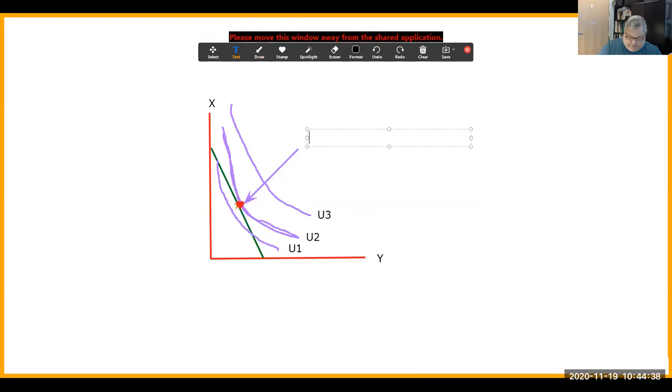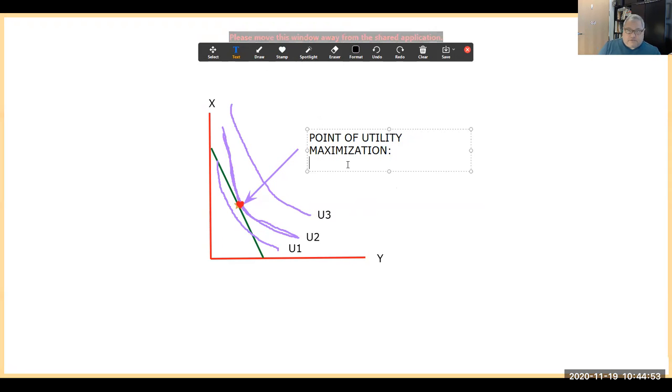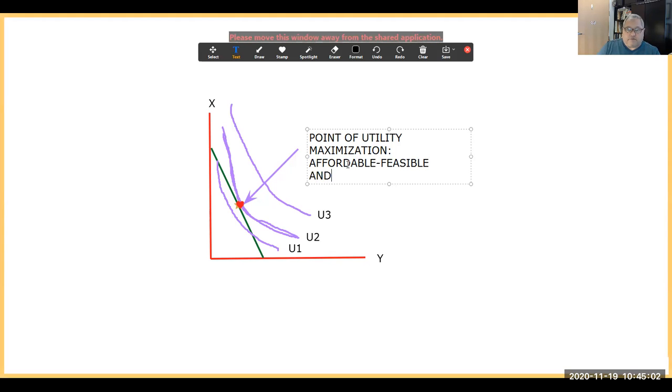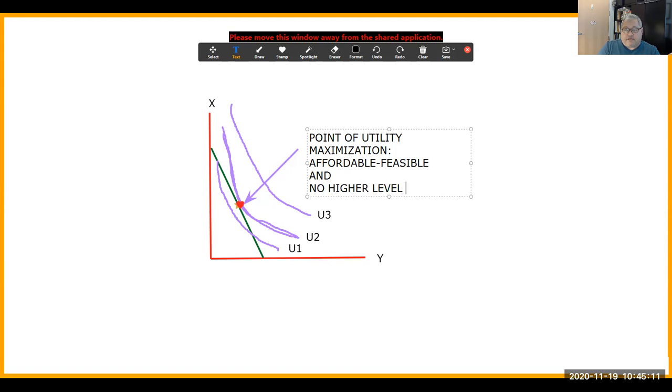Why is that the point of utility maximization? Well, it's the point that is affordable, so it's on the green line, feasible in consumption, and also it is the point at which no higher level of utility is attainable due to the budget constraint being the shape it is.